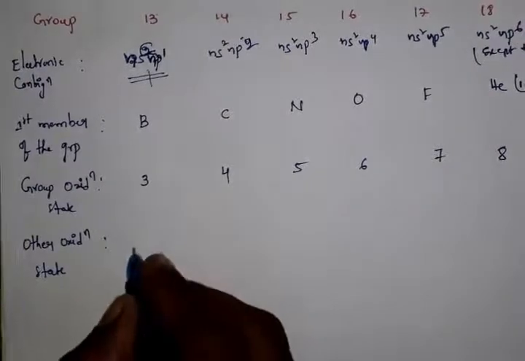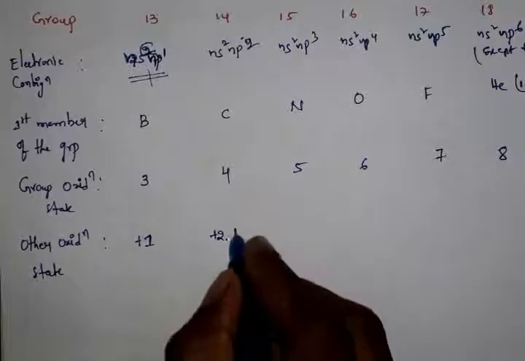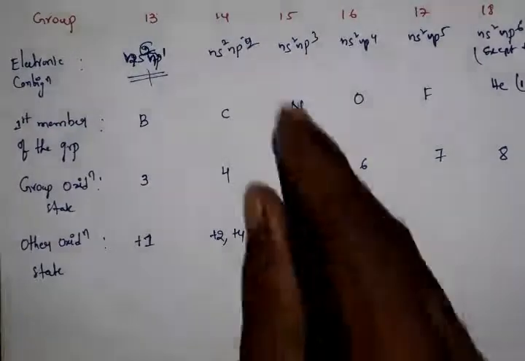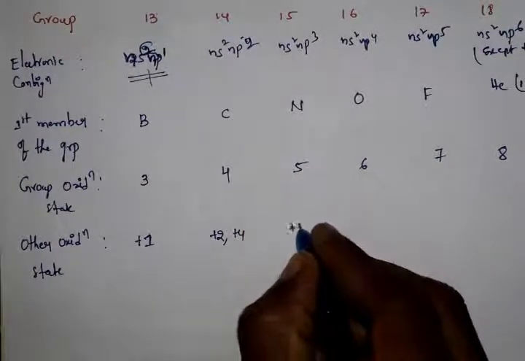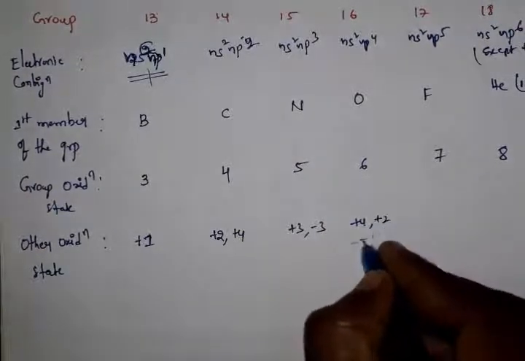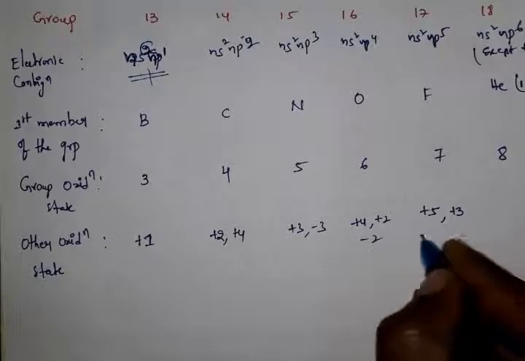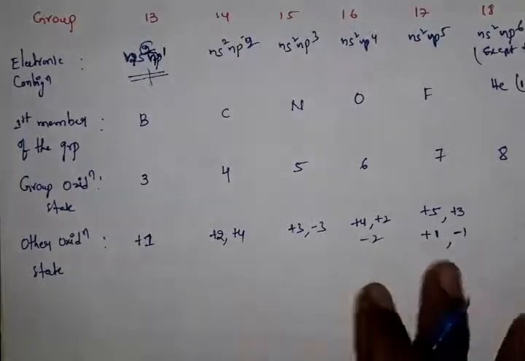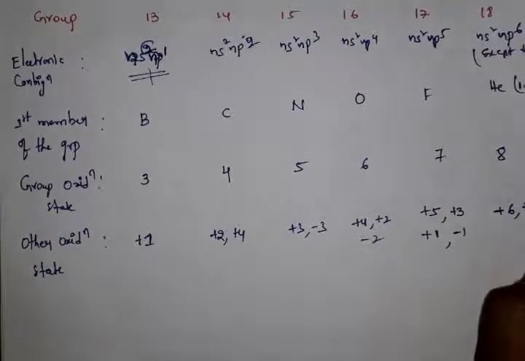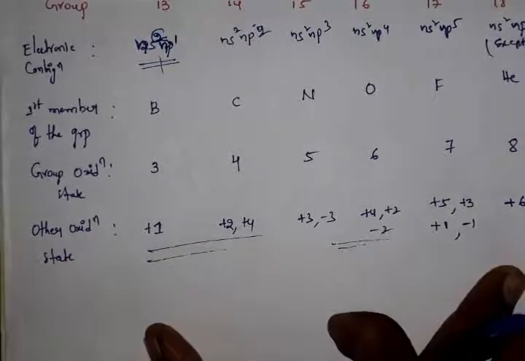The 13th group elements show +1, the 14th group +2, +4, the 15th group +3, -3, the 16th group +4, +2, -2, the 17th group +5, +3, +1, -1, and the 18th group +6, +4, +2. These are the other oxidation states.